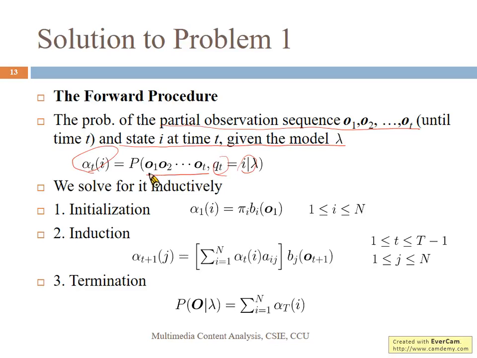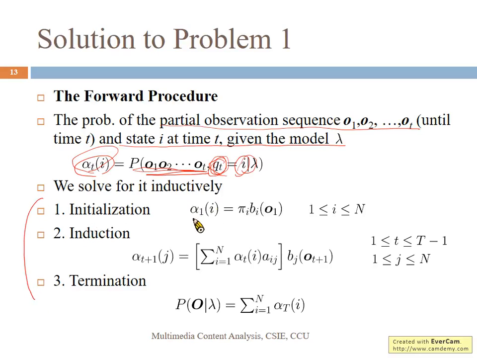That means we have already observed t observations, and at time instance t, we stop at state i. This is the so-called forward procedure, the probability of the partial observation, and this value can be calculated iteratively by the following process.